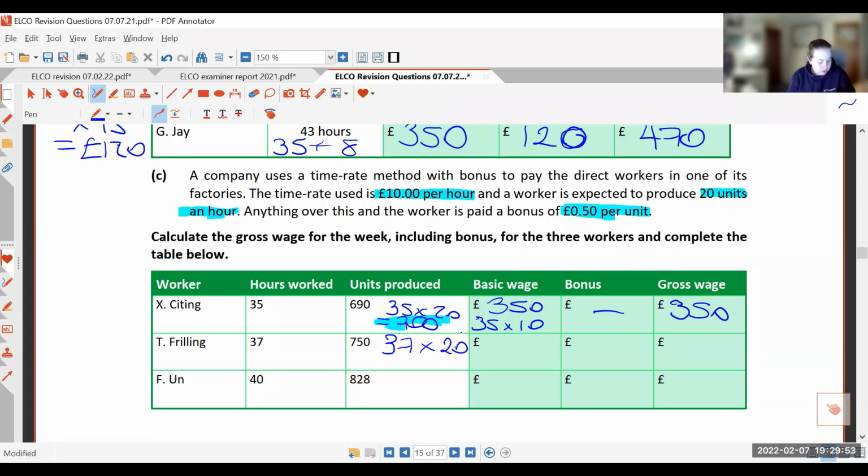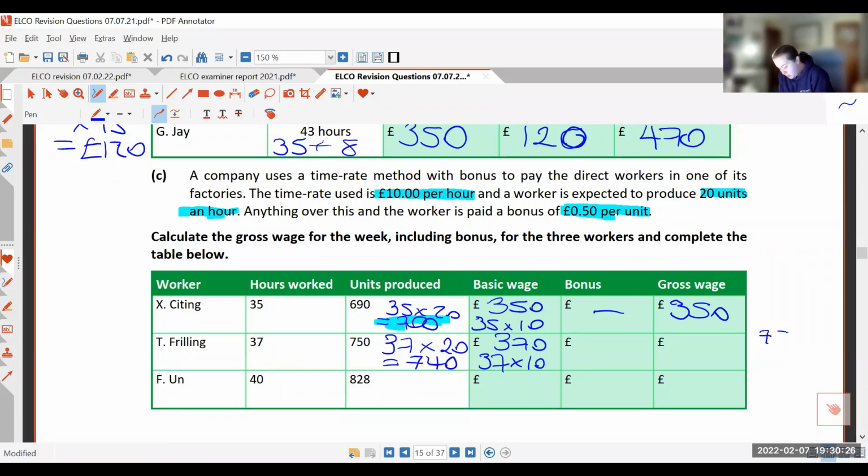So on that, we have back. They were working towards a minimum of 740 units over that time period. They've done 750, so they've got 10 more. They're going to get a basic wage of £370, 37 times 10, and we need to think about what bonus they're going to get.